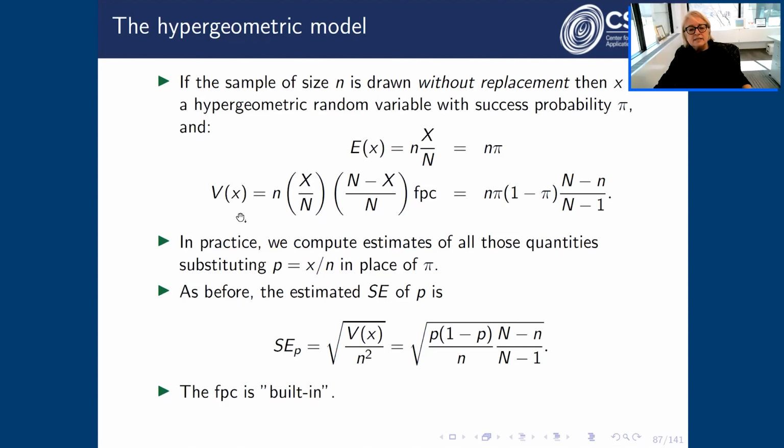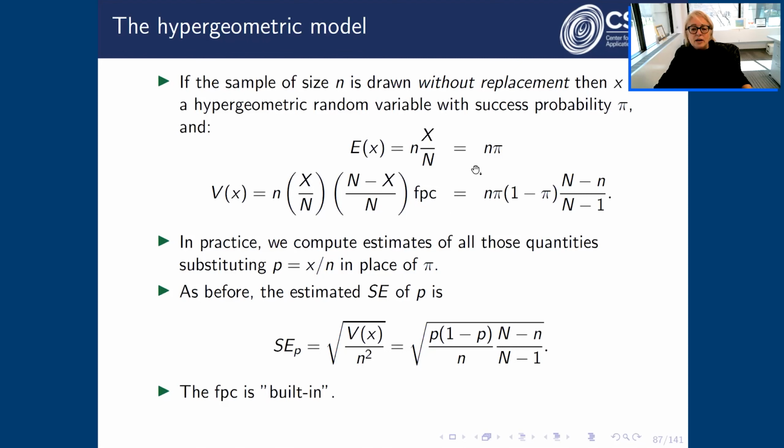The variance of X gets a little bit more complicated. It is calculated as follows. This is n, the sample size. Then X over N is the proportion of positives in the population, N minus X over N is the proportion of negatives in the population, times the finite population correction factor. So we end up with something that looks like this.